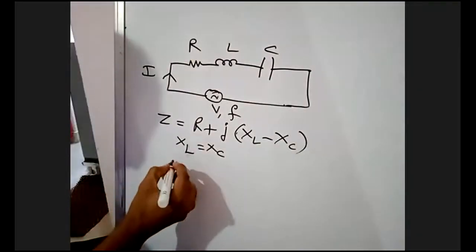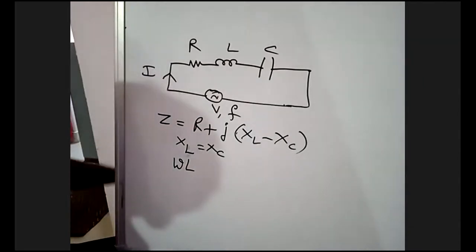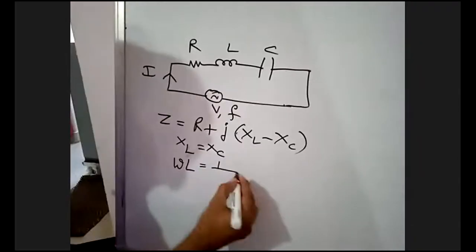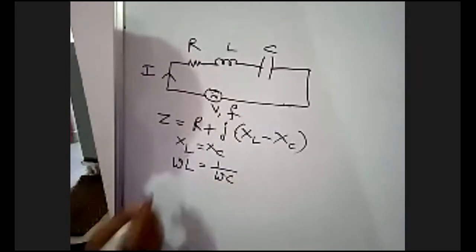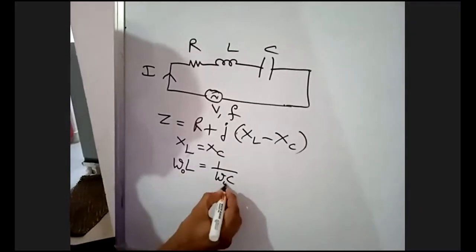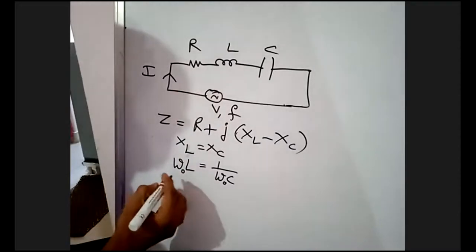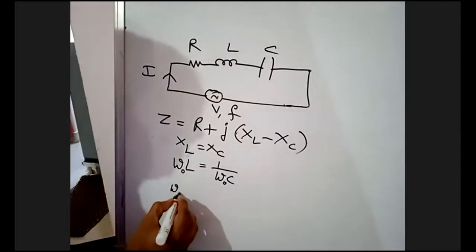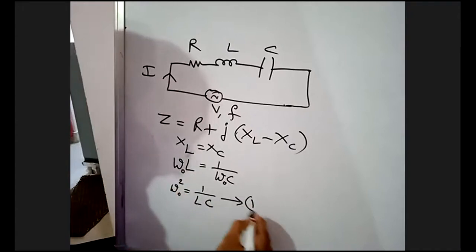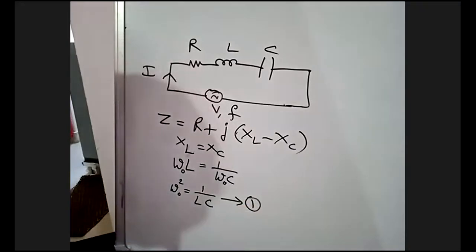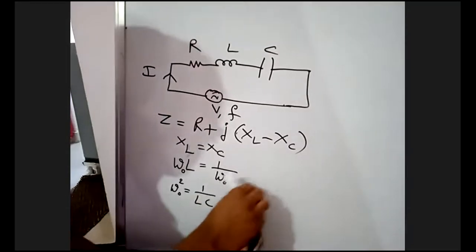What is the inductive reactance? XL is omega L. What is XC? 1 by omega C. Now here I am taking it as omega naught. Omega naught square is equal to 1 by LC.